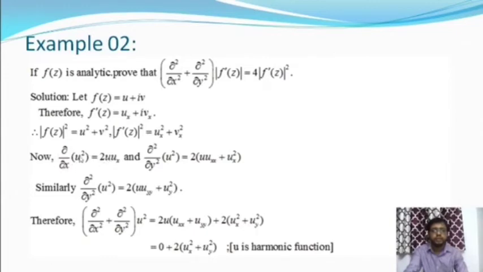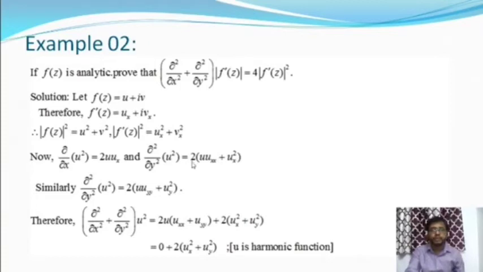So del/del x of u square is equal to 2u ux, and the second differentiation with respect to x, this is not a y actually. So the first differentiation with respect to x partially will be 2u ux, and the second differentiation with respect to x of u square is equal to 2 into u u double x, where u double x is the second differentiation with respect to x, plus ux square.